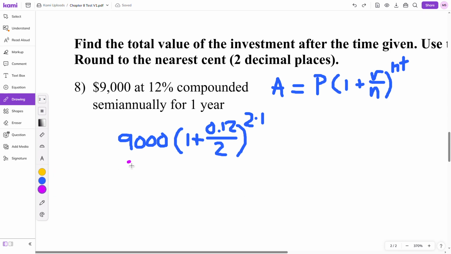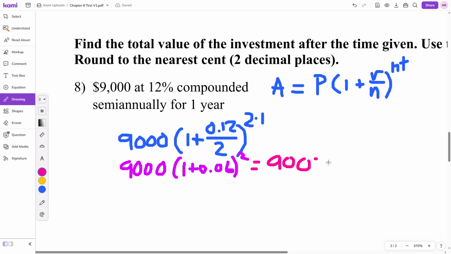And so let's simplify this a little bit. So we still have the 9,000. And then this is going to be 1 plus 0.06, all squared. And that in turn is going to be 9,000 times 1.06 squared.